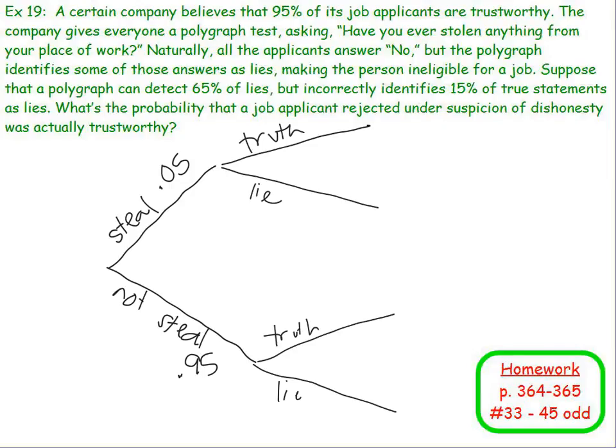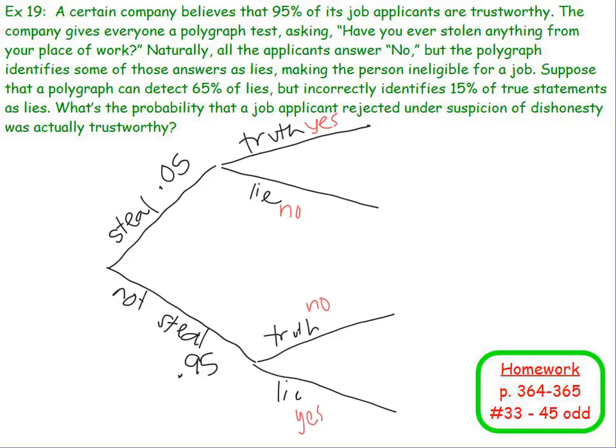We need to see what that means in terms of telling the truth and lying. If you stole something, but you said no, that's a lie. If you stole something and you said yes, that's truth. If you did not steal something and you said no, this time you're telling the truth. But if you did not steal something and for some stupid reason you said yes, then you lied.